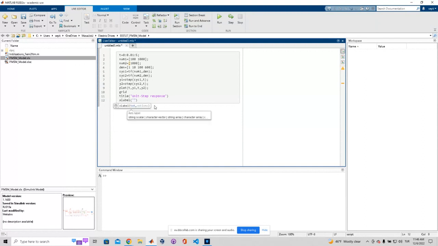Open bracket, you add your quote, and then for the xlabel, it will be t, time in seconds. And then you write your ylabel. Okay. For the ylabel, let's say we have x(t) and y(t).